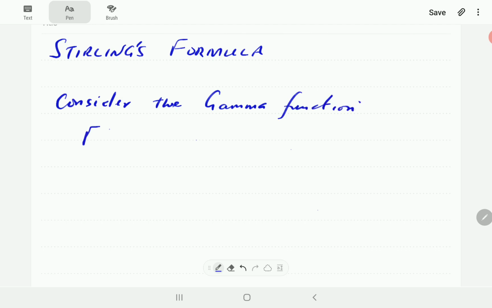So we know that the gamma of n plus 1, which is equal to n factorial, is the integral from 0 to infinity of t to the power n e to the minus t dt.